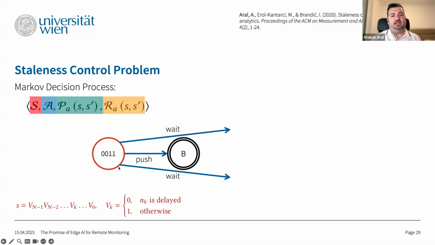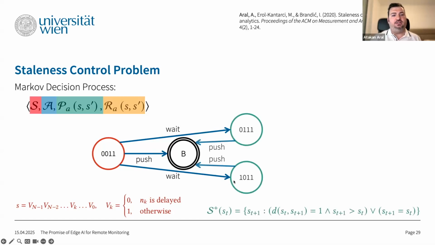Or we might decide to wait. And in this case, there are 2 possibilities. Either the update from sensor 2 might arrive, or from sensor 1 could arrive. And in this states, the next state is defined as the Hamming distance of 1 to the current state, but always increasing, of course.